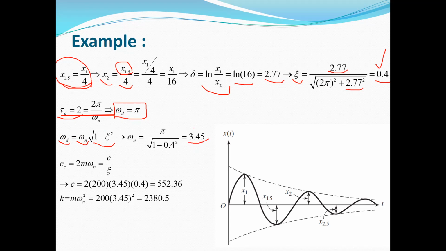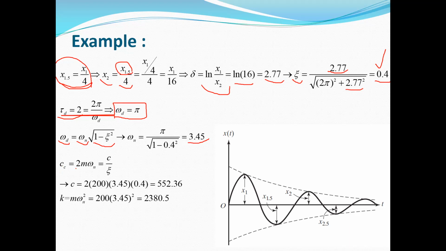As you can see, the frequency of the undamped system is more than the frequency of the damped system, and this is a trivial conclusion. The next step, we need to obtain the critical damping and also the damping coefficient for your system.